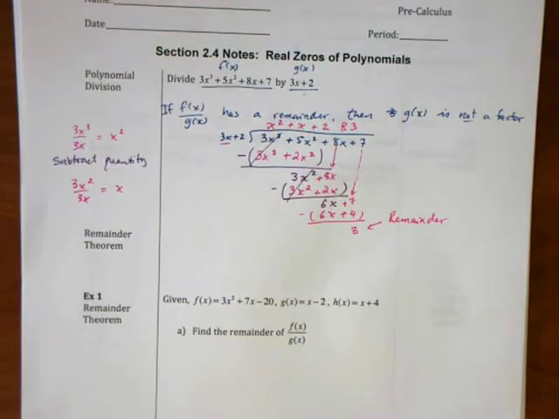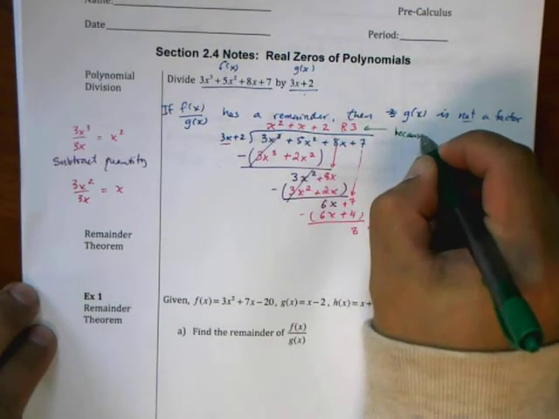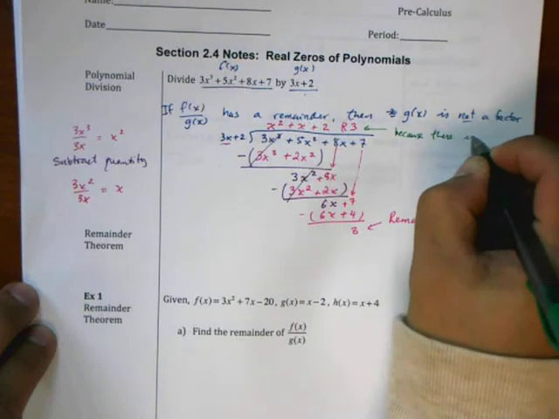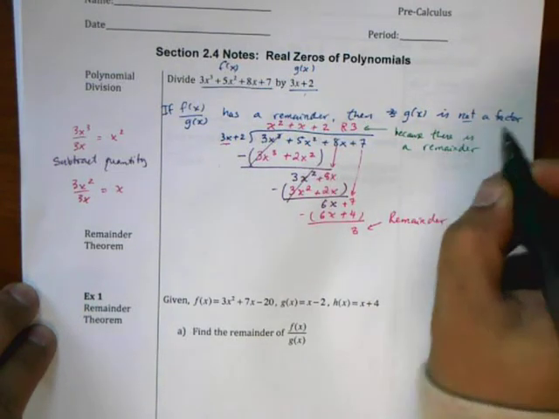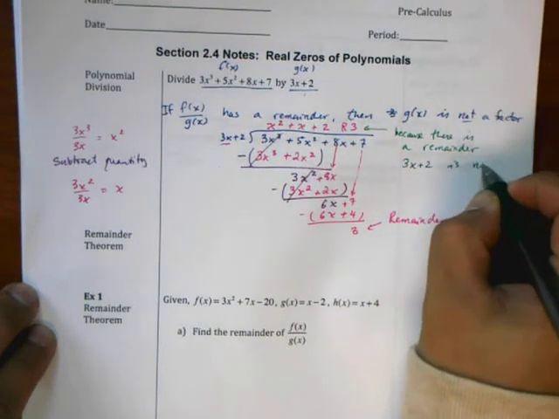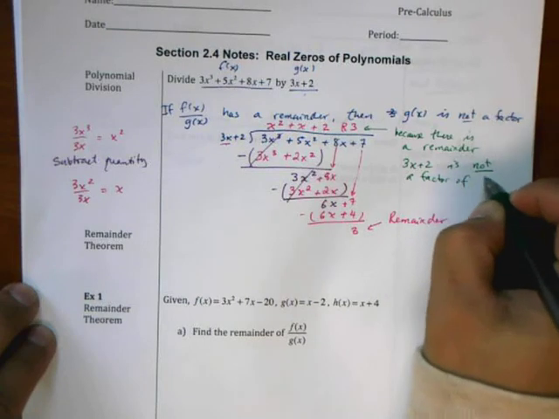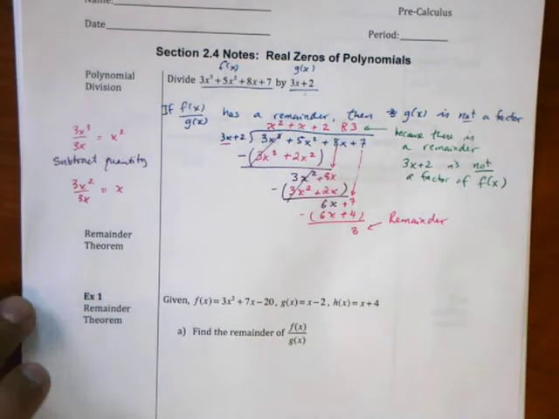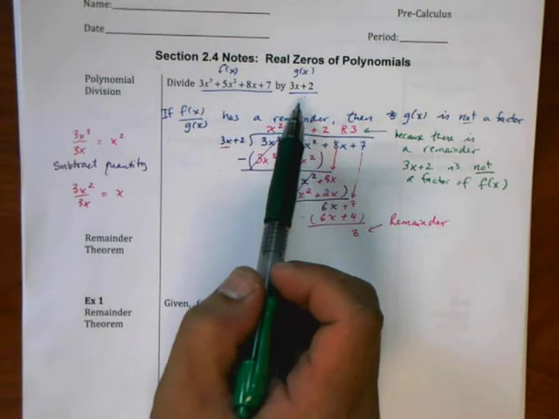So one thing that we can conclude is that because there is a remainder, 3x plus 2 is not a factor of f of x. So we want to determine, first of all, we're given this as a starting point.